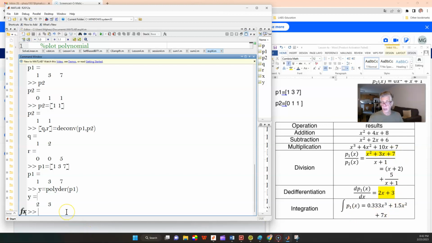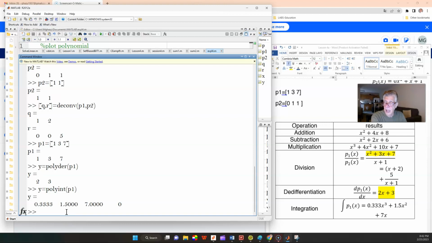So y equals, I expect to be poly, what? For differentiation I use polyder, derivative. For integration, I expect polyint. Let me check if I still remember this one, with P1. Yeah, that's right. That's the coefficient, that's exactly what we got here.